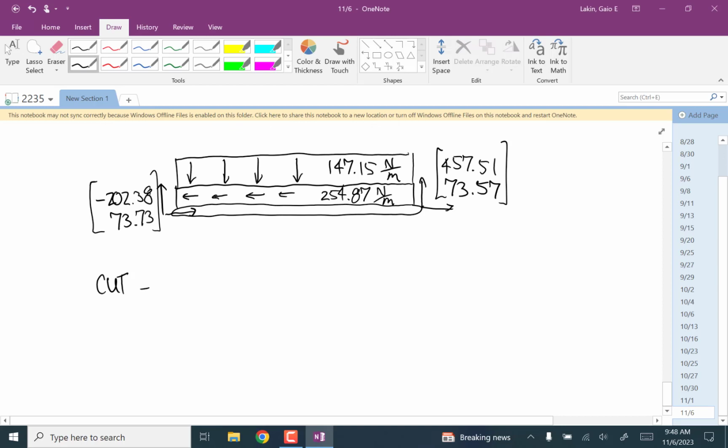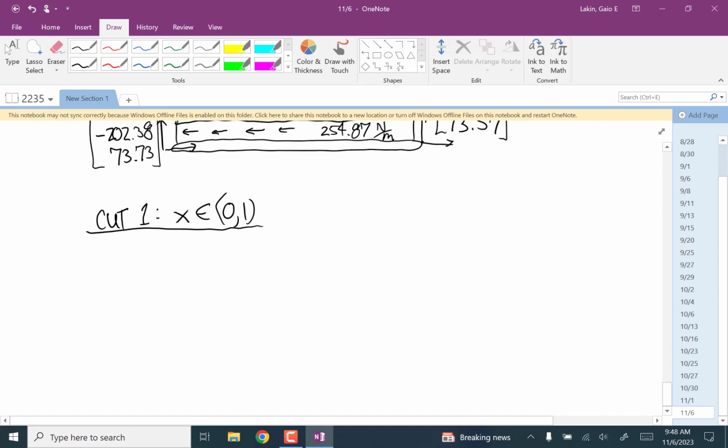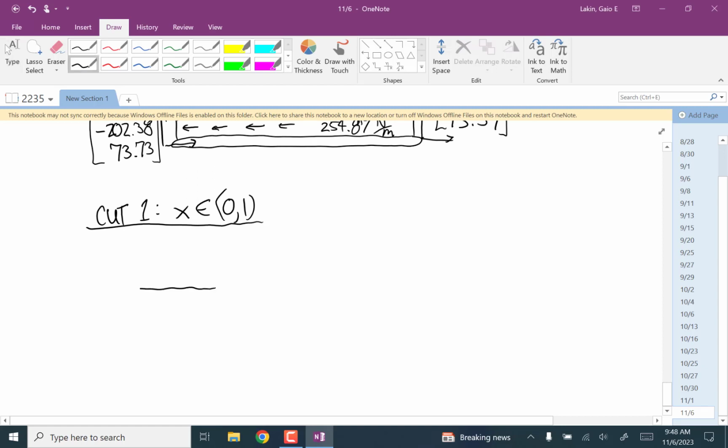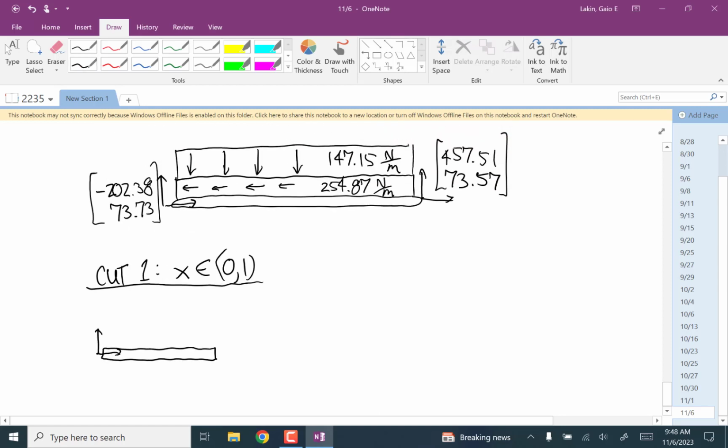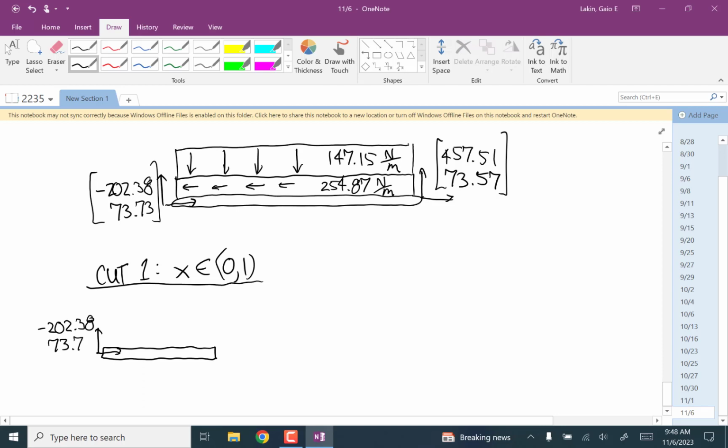So our cut is going to go all the way from 0 to 1. And we have a force over here of negative 202.38, 73.73.